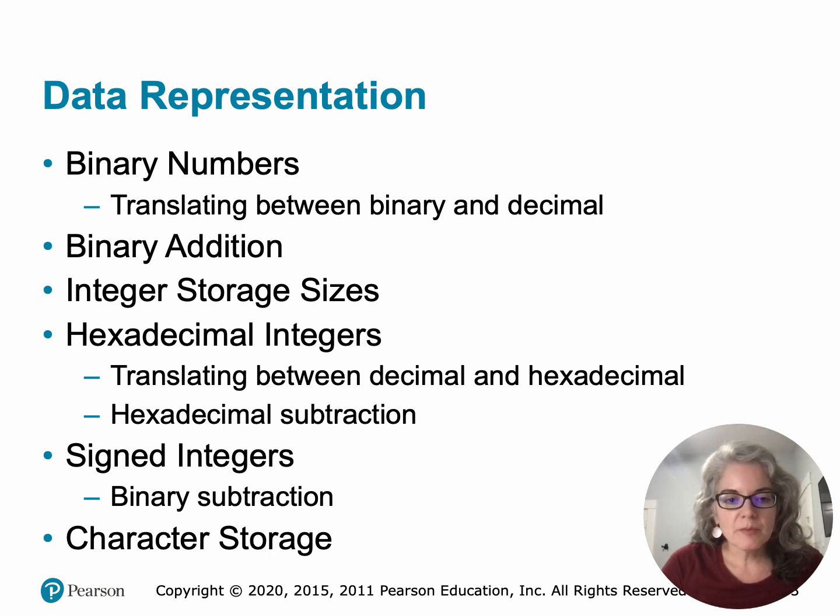And if you don't know what binary and decimal numbers are, we'll look at that. We'll do some binary addition. We'll talk about integer storage sizes. Hexadecimal integers, translating between decimal and hexadecimal. Hexadecimal subtraction. We'll look at signed integers, and then do some binary subtraction and character storage.